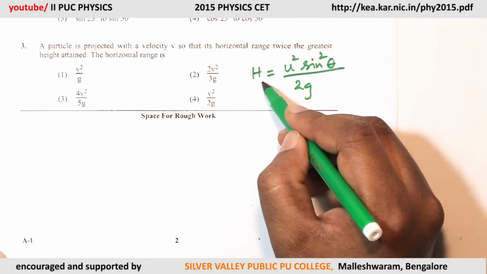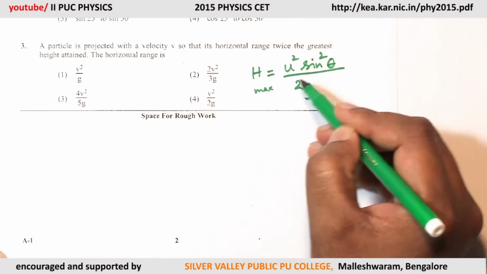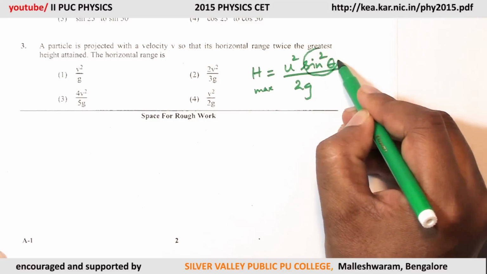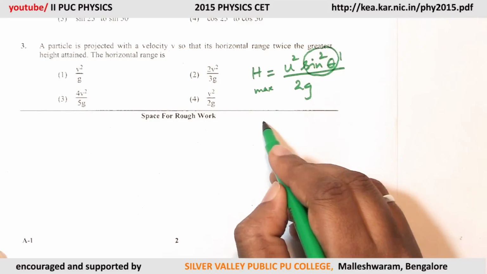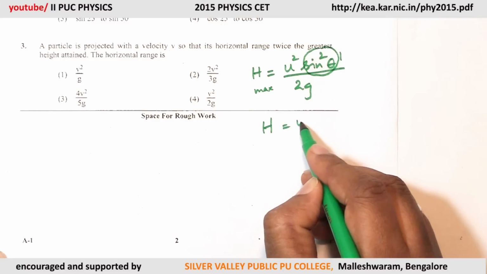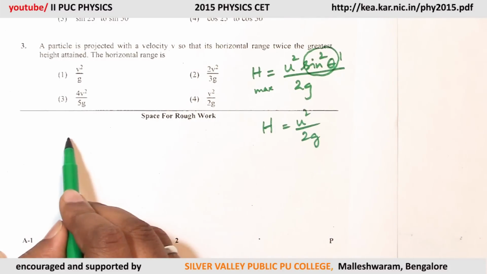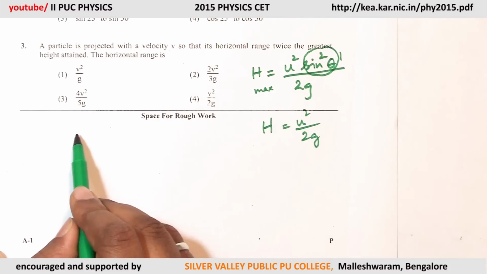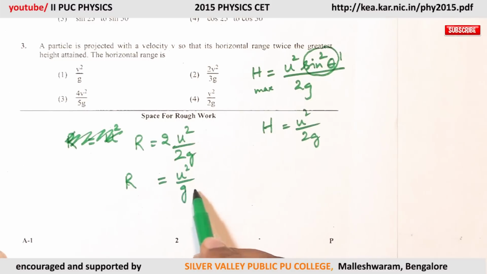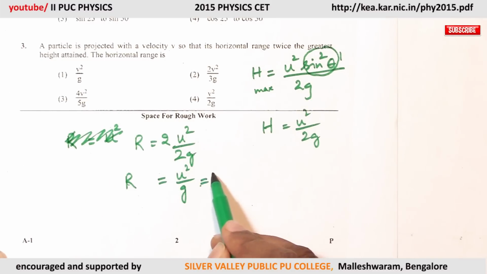Height is maximum only when sine square theta is 1. Therefore, greatest height is u square by 2g. And they are asking range. Range is equal to twice the greatest height. Greatest height is u square by 2g. Therefore, range R is equal to u square by g. In this case, velocity v, therefore v square by g.